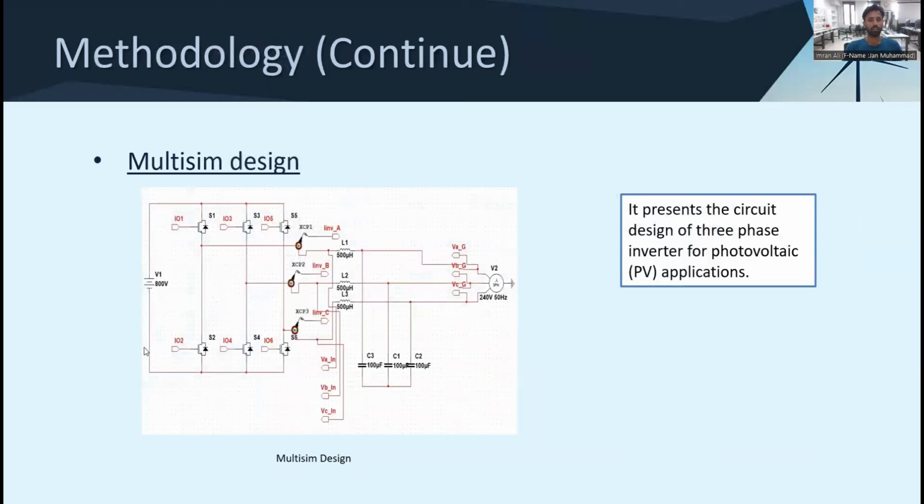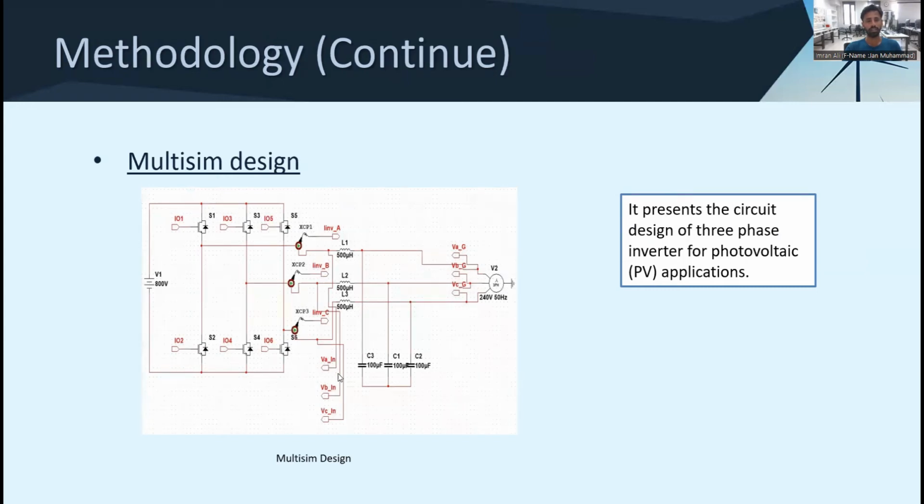Methodology. We first of all designed the digital circuitry in Multisim, that's the high voltage circuitry. This is S1, S2, S3, and S5. These are generic MOSFETs. IO1, IO2, IO3, IO4, and IO5 are PWM signals to the generic MOSFETs. Line A, line B, and line C are the output line currents.